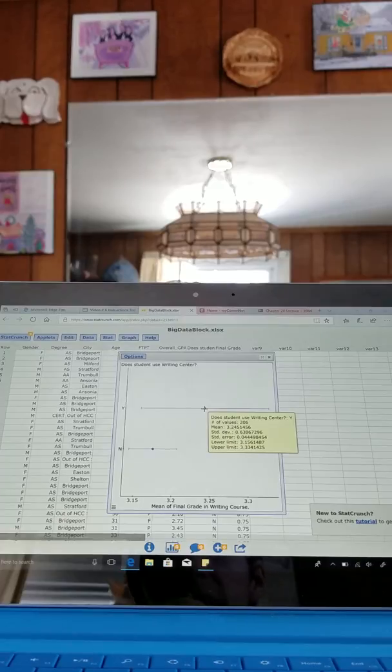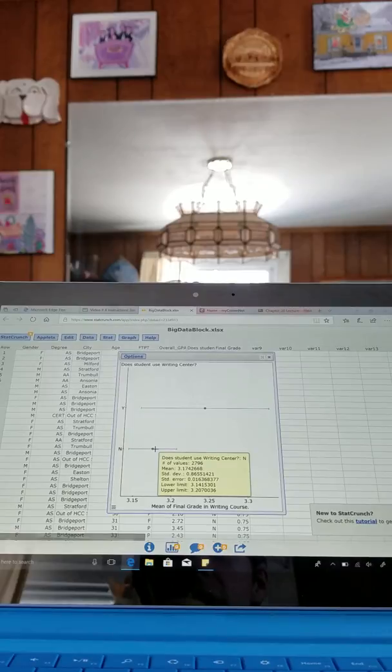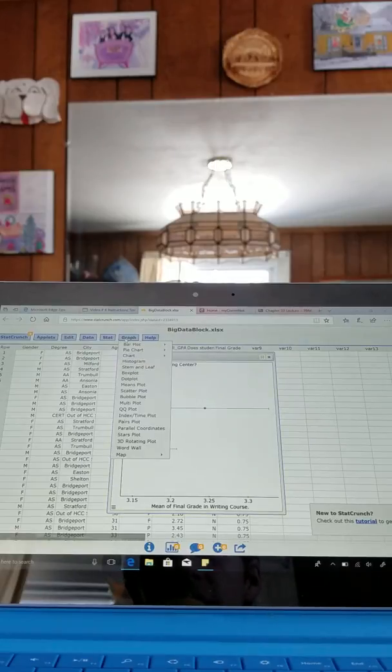And for students who say they do not use the writing center along with their writing course, the mean grade is 3.174, and our standard deviation is 0.866.